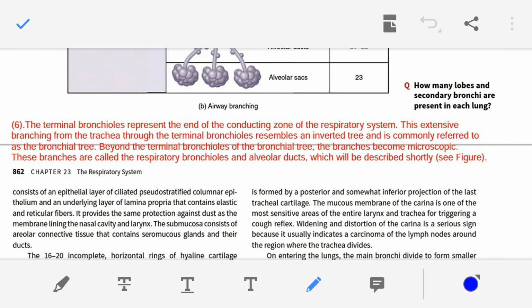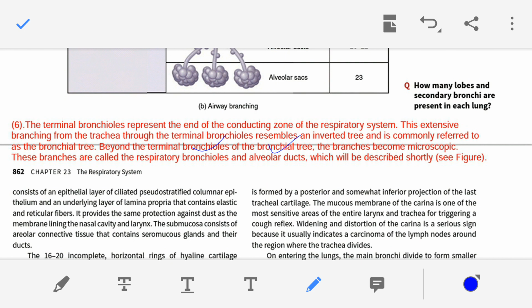Now beyond the terminal bronchiole of the bronchial tree, as I told you earlier, there are still some small branches which are very minute and microscopic. That means we cannot see them with our naked eye.